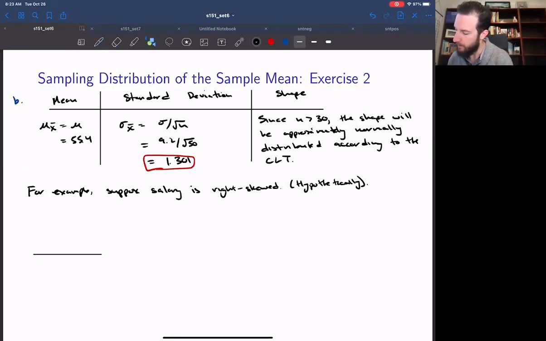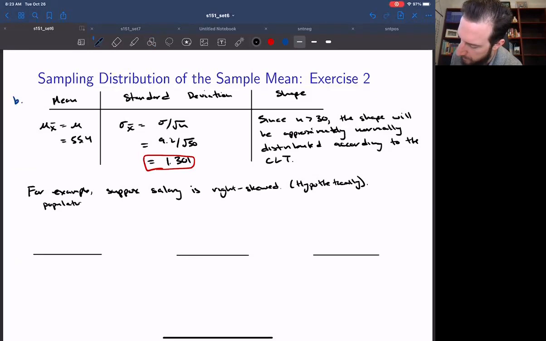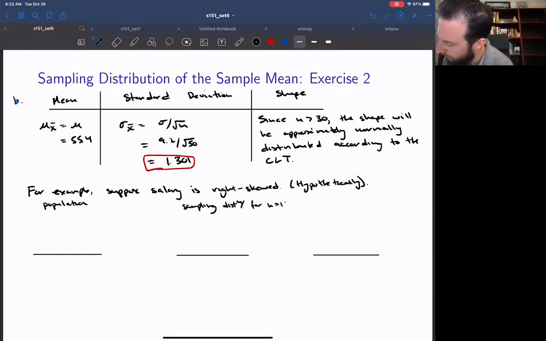Okay, so we are going to consider 3 scenarios. Here we're going to have the population. Here we're going to have the sampling distribution for n equals 15.